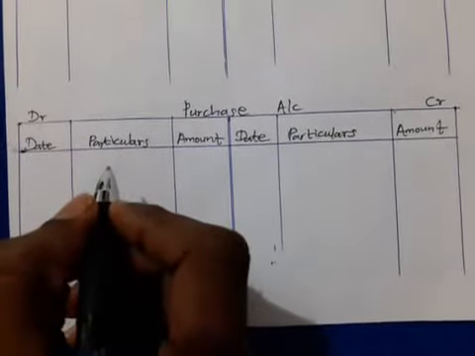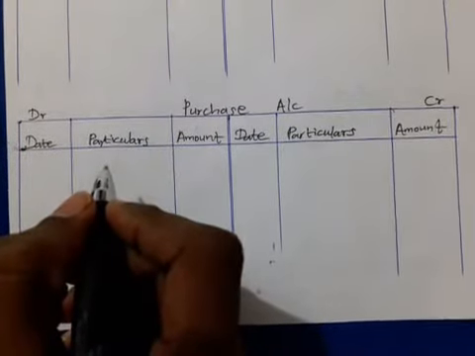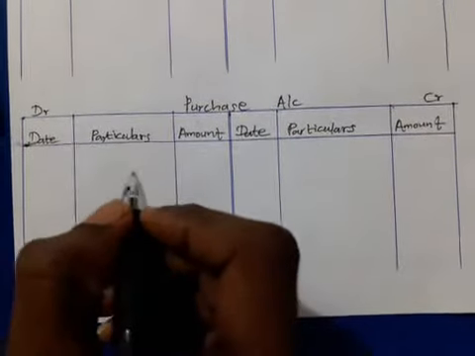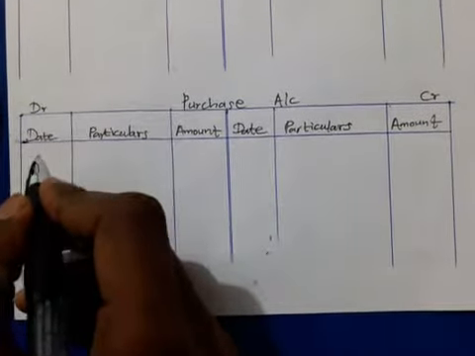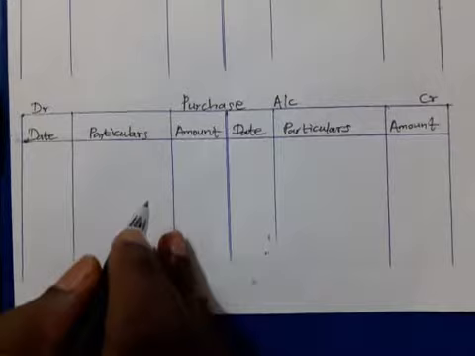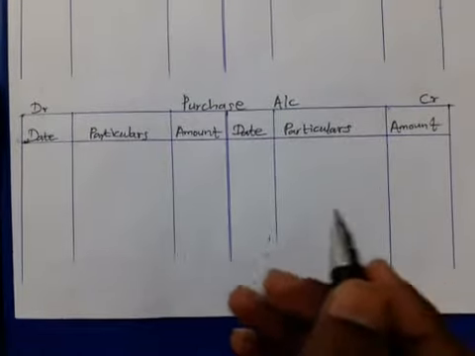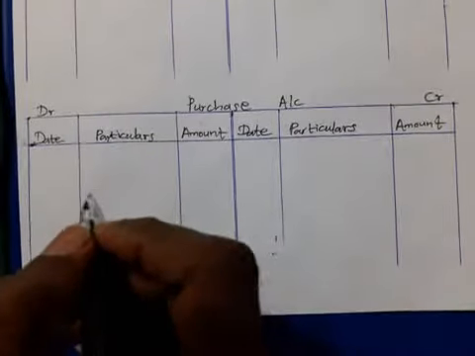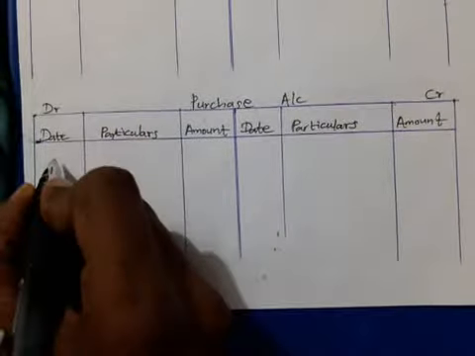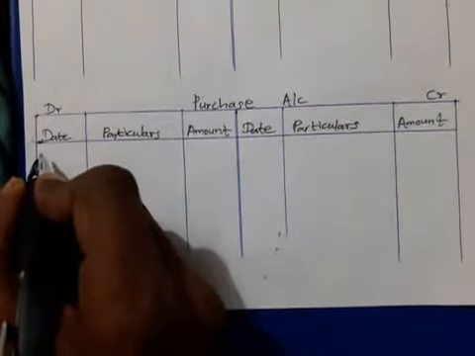So whenever the expense type of accounts increase, at that time we have to record in the debit side of that particular account. When it decreases, we have to record in the credit side of that particular account. So in this purchase, it is increasing the expense, so we have to record in the debit side of the purchase account.